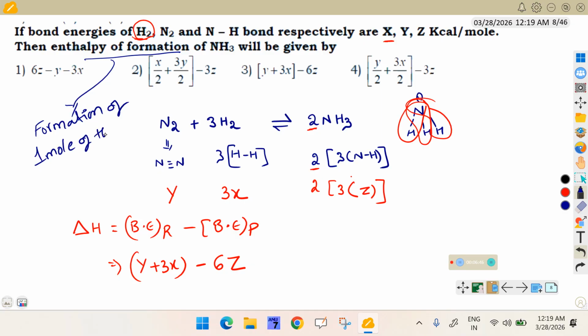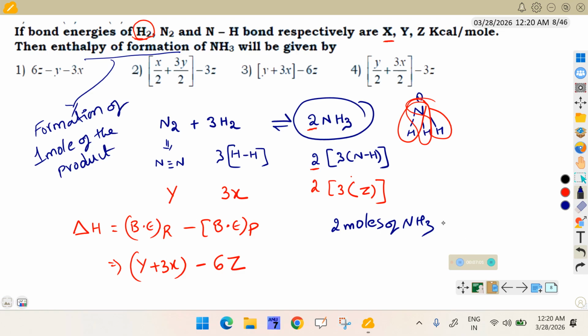According to this equation, 2 moles of the product is formed. 2 moles of NH3 requires Y plus 3X minus 6Z amount of energy.